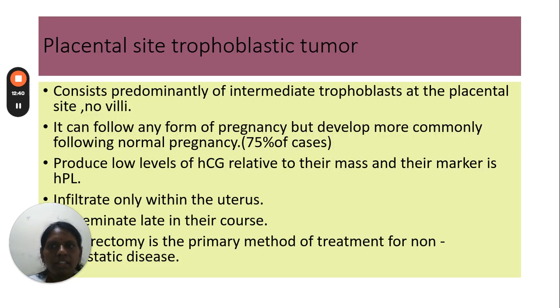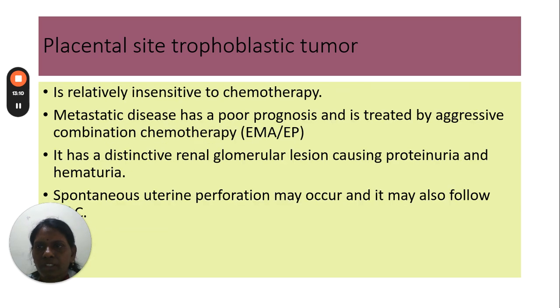Placental site trophoblastic tumor consists predominantly of intermediate trophoblast at the placental site. There are no villi. It can follow any form of pregnancy but develops more commonly following a normal pregnancy. It produces low levels of HCG relative to its mass, and its marker is HPL. It infiltrates only within the uterus. Hysterectomy is the primary method of treatment for non-metastatic disease. It is relatively insensitive to chemotherapy.